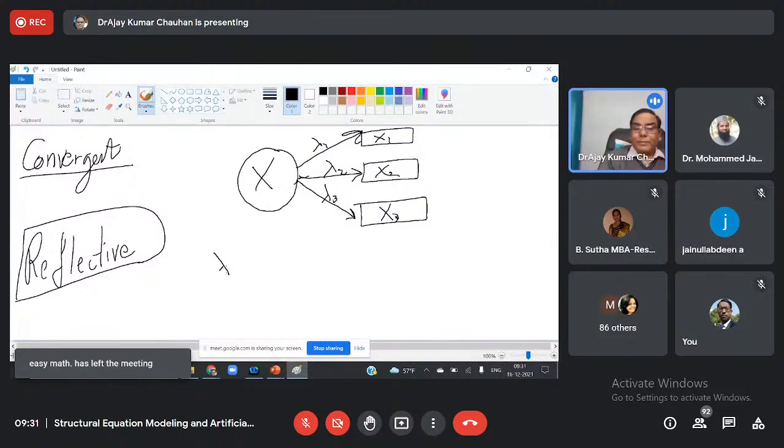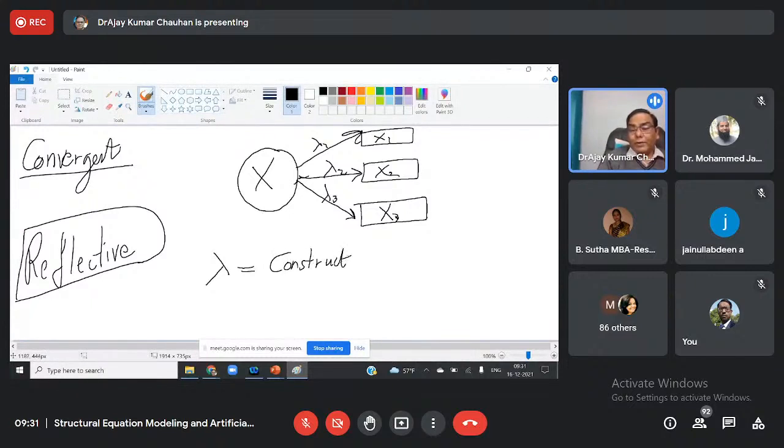What is lambda here? Lambda is known as the construct loading, and it is actually the correlation between the item and the construct. This is the meaning of lambda.